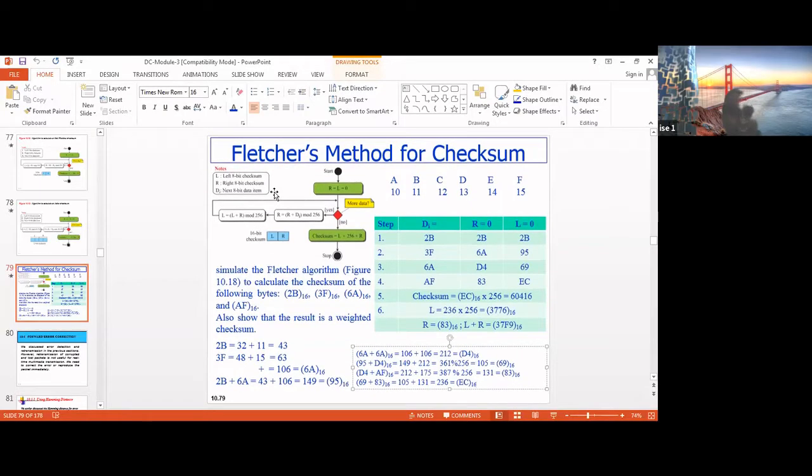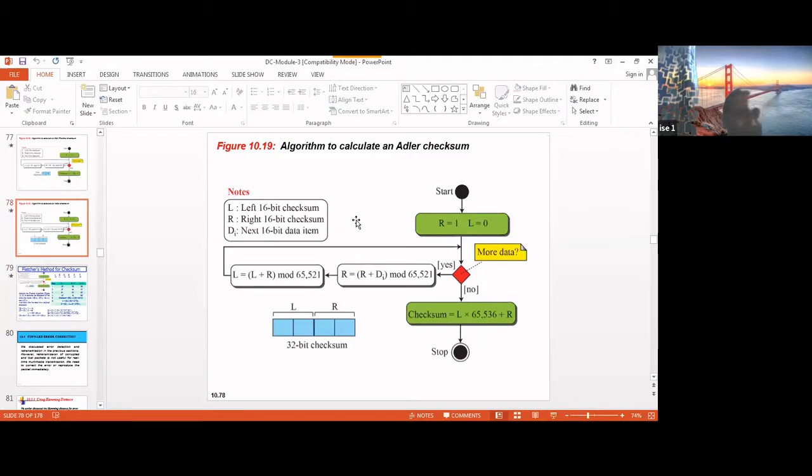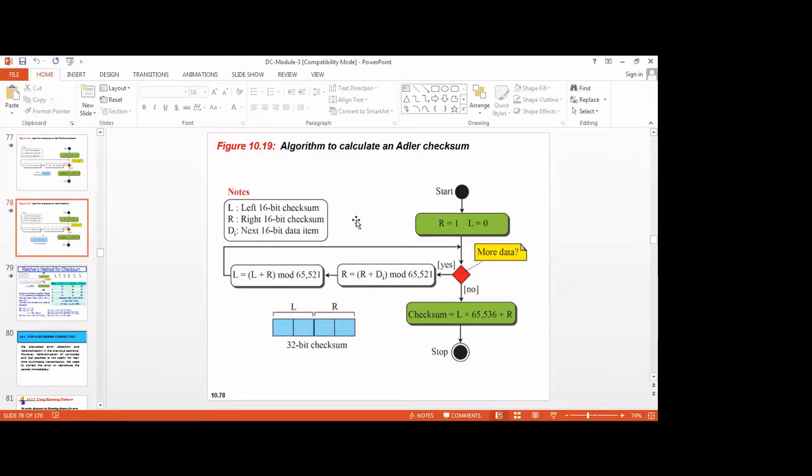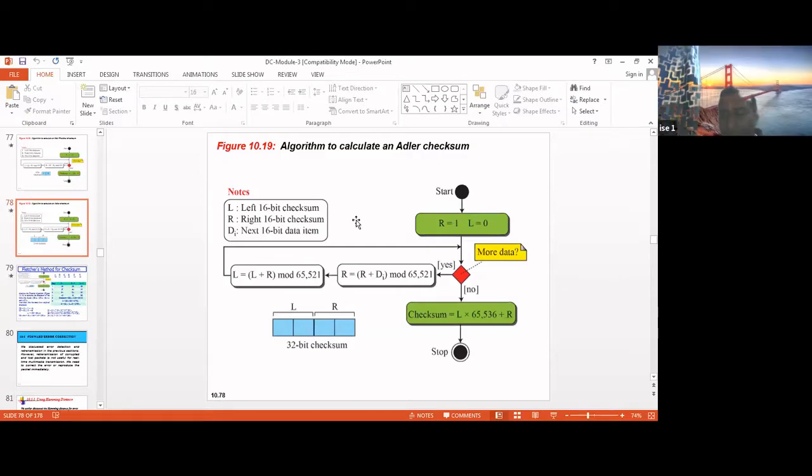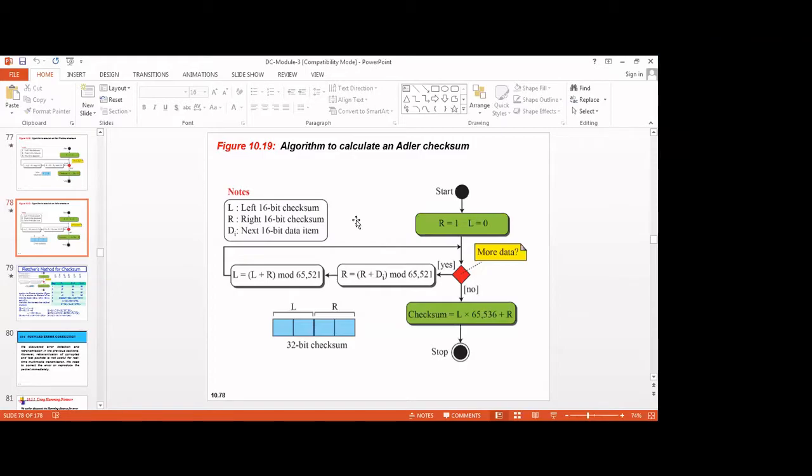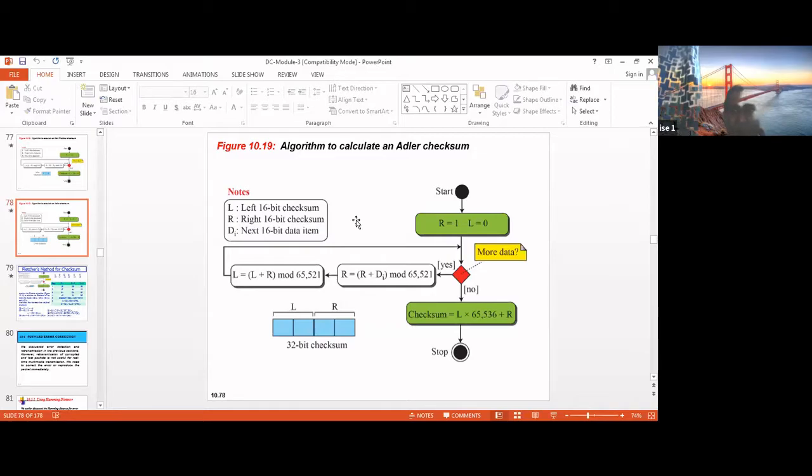Now what I suggest is, this is Adler's algorithm. Now you take an example, use Adler's algorithm.